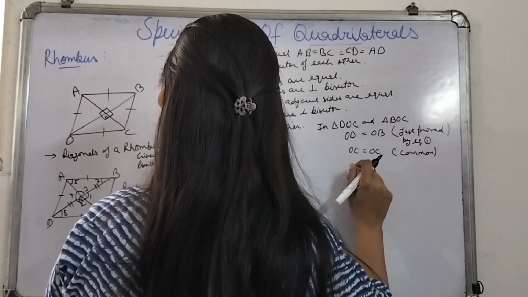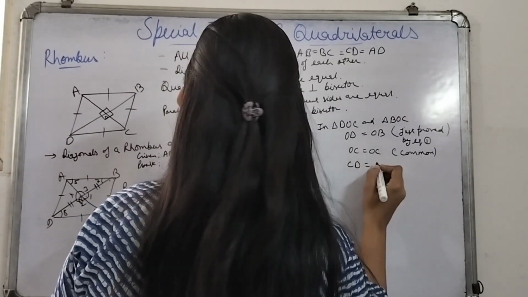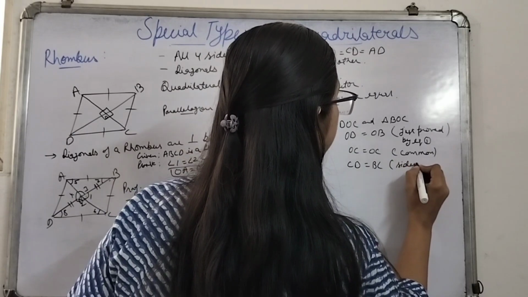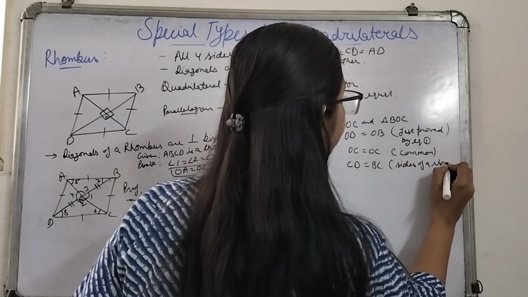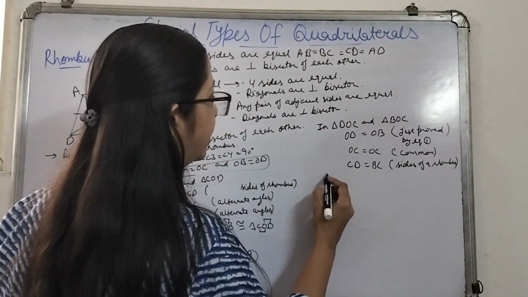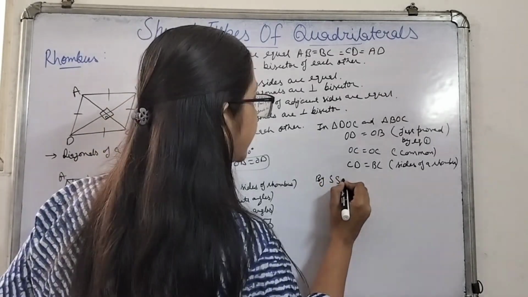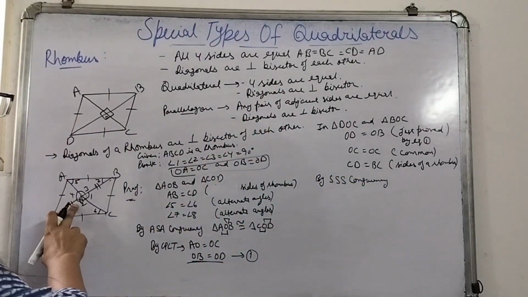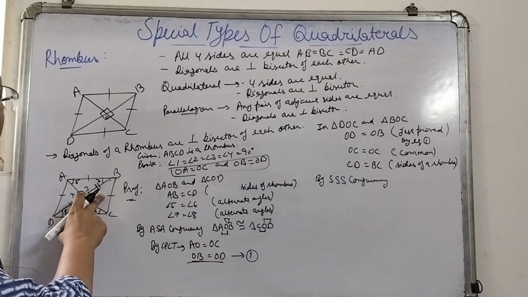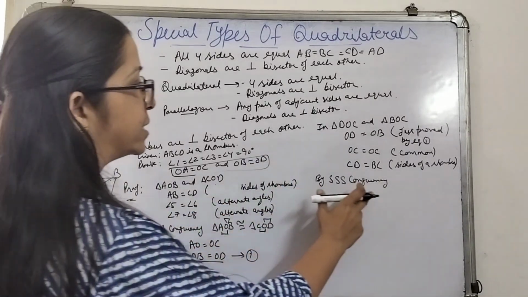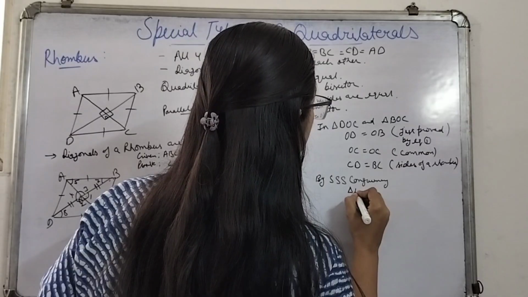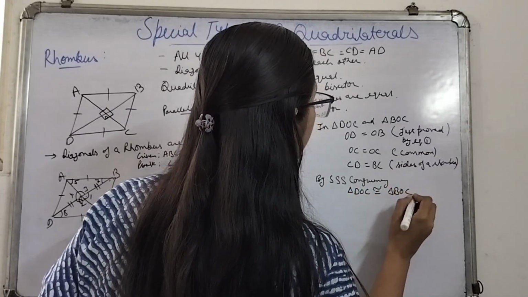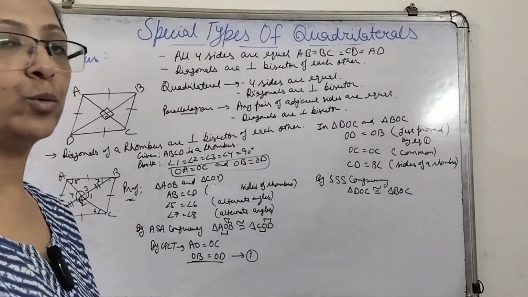So by SSS congruency, because all three sides of this triangle are equivalent to the corresponding three sides of this triangle, triangle DOC will be congruent to triangle BOC. These two will be congruent to each other.